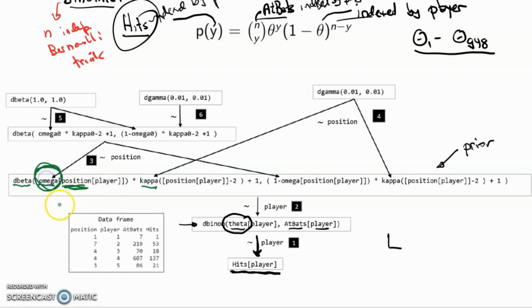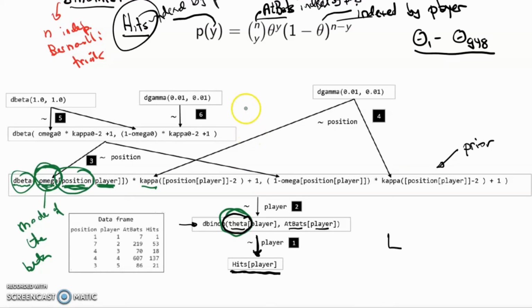Why do we focus on omega? We focus on omega because that's the mode of the beta from which the individual thetas are going to be drawn. But again, the key thing is that different players may have different omega values here depending on the position which they play. So that's our prior.